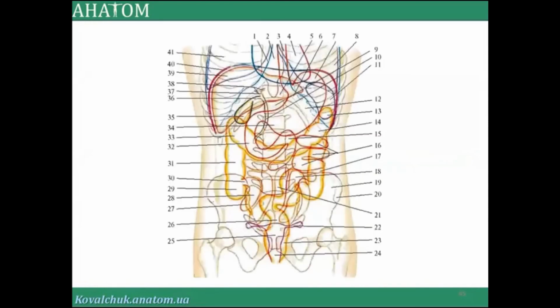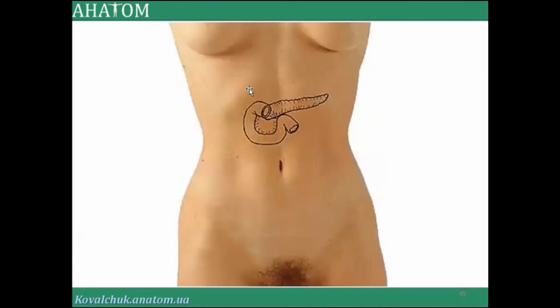So, for example, a big portion of internal organs is in the projection of the anterior wall of the abdomen. What is the organ? Duodenum. Yes, gallbladder, duodenum.